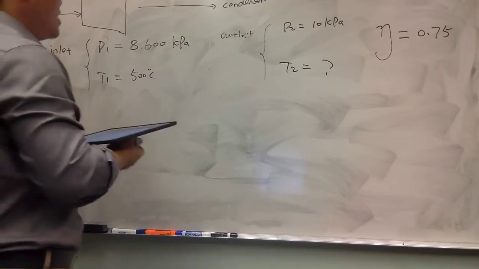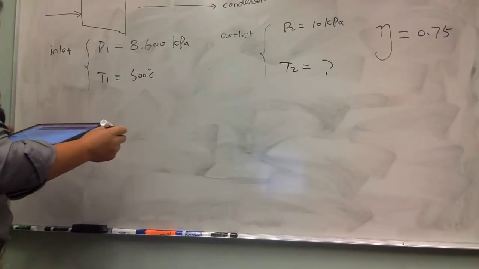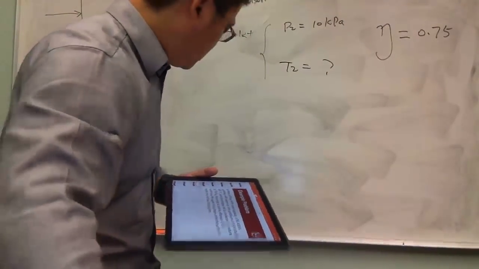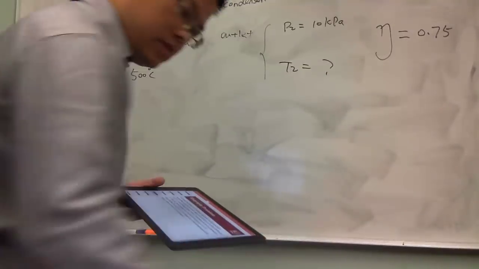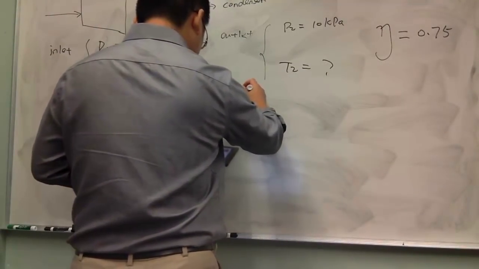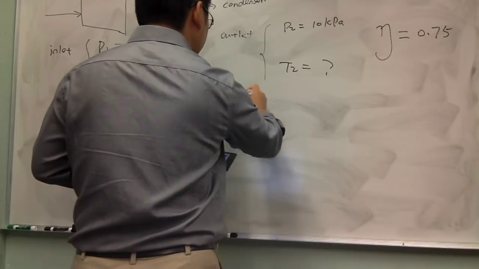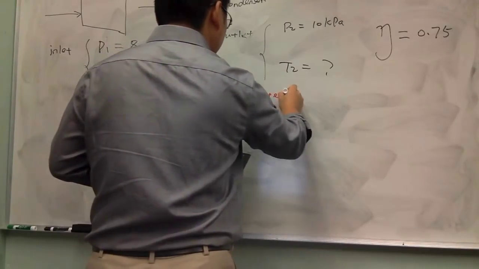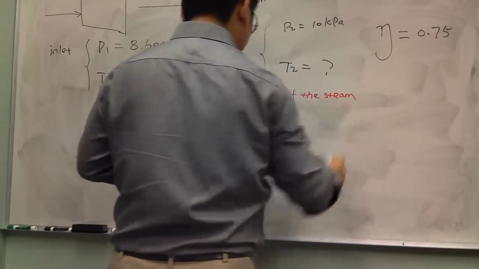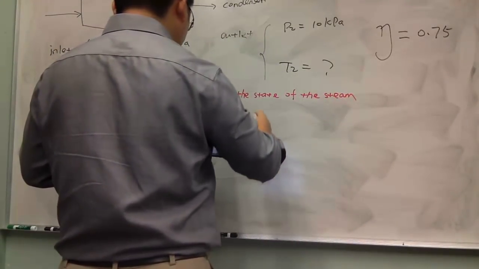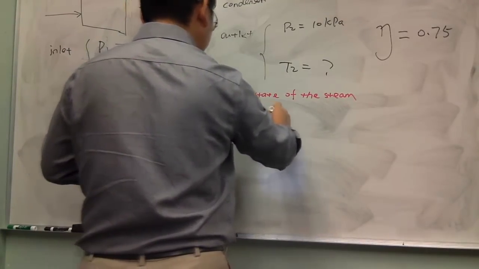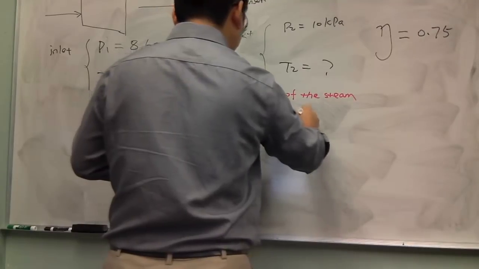So we want to understand, for this outlet, the state of the steam, and also the mass rate of flow.